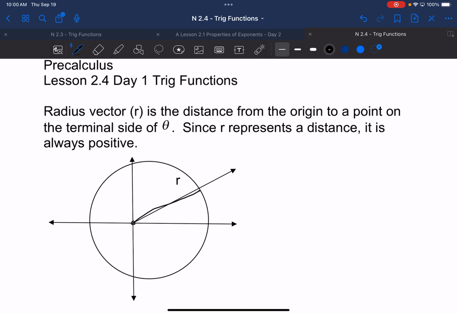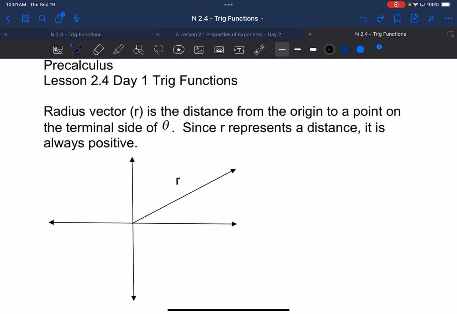My radius isn't negative even if I have it going this direction, right? My radius is just distance. So whenever we're talking about there being a vector for the radius, your radius is never negative. Whatever value r is, it's always a positive number because you're just measuring distance, not necessarily the direction there.